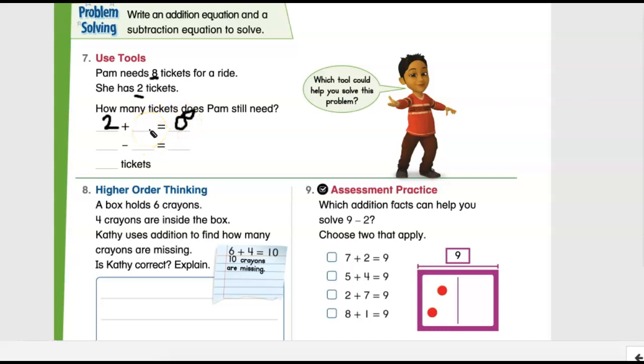Once I find this number, I can use it to make my subtraction problem, still using the numbers 8 and 2. If you need to pause this video to keep working on number 7, please go ahead and do so. Mrs. Collier got you a little bit started with number 7. Now I want you to finish it.